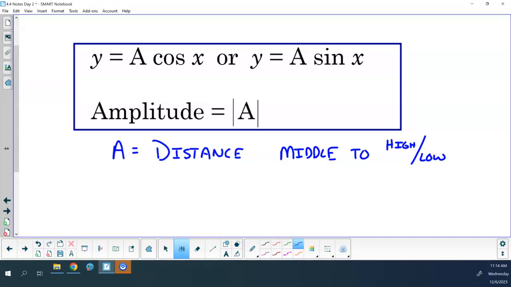So of all of those things that we just observed about sine and cosine, A has direct control over the high value, the low value, and the range.